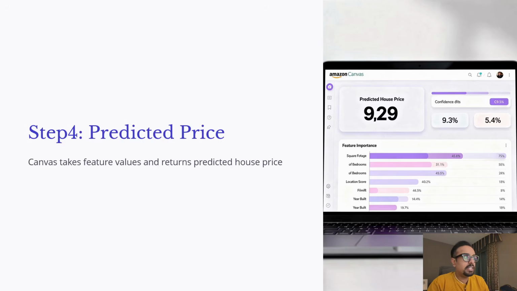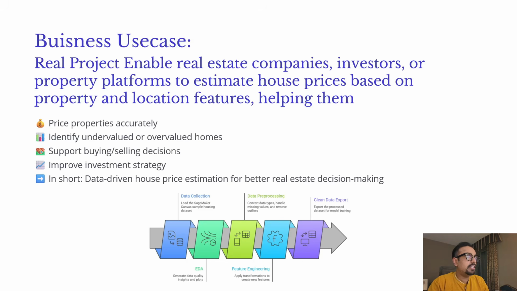The predicted price that we saw was 75% close to the actual value that we have in our dataset, based on which we were trying to compare whether it is able to predict the housing value for us based on the input features that we are providing. And this was our use case, data-driven housing price estimation, based on which we were trying to make decisions about real estate properties.